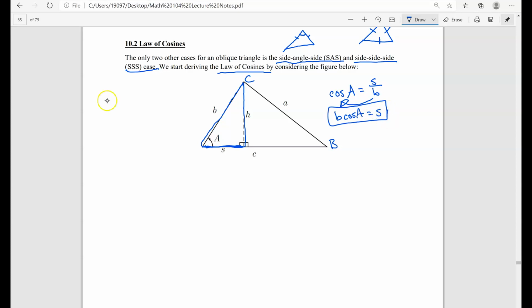Now I'm going to look for the sine of A. The sine is the opposite over the hypotenuse, so it's going to be H over B. Move the B over, so B sine A is equal to H.